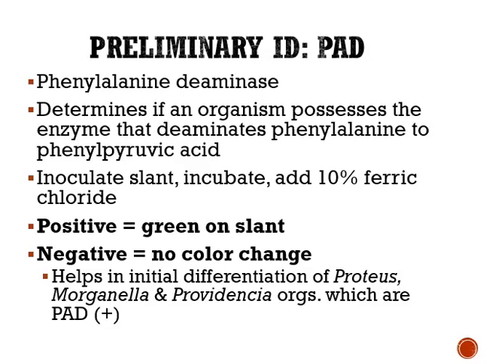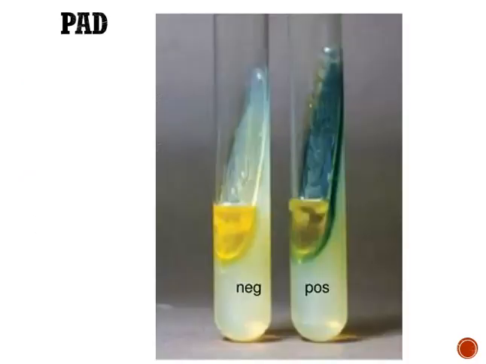Positive result is green on the slant. Negative result is no color change. This test is especially helpful to differentiate Proteus, Morganella, and Providencia species, which are PAD positive, from the rest of the organisms in the Enterobacteriaceae family. And there's a positive and negative result for that one.